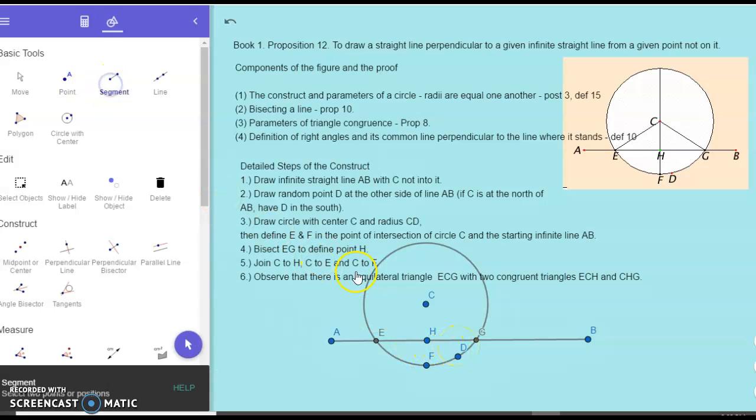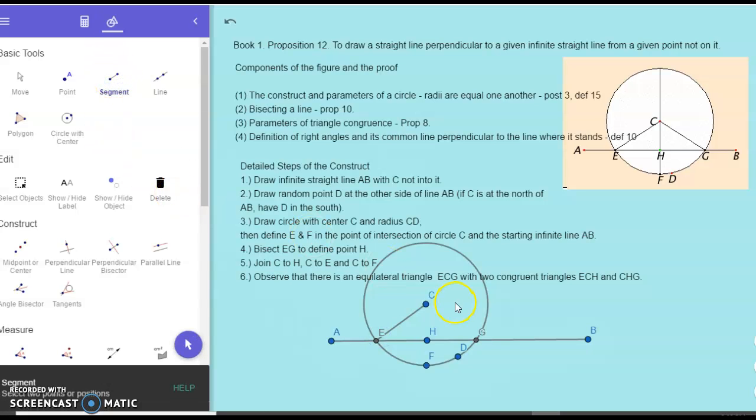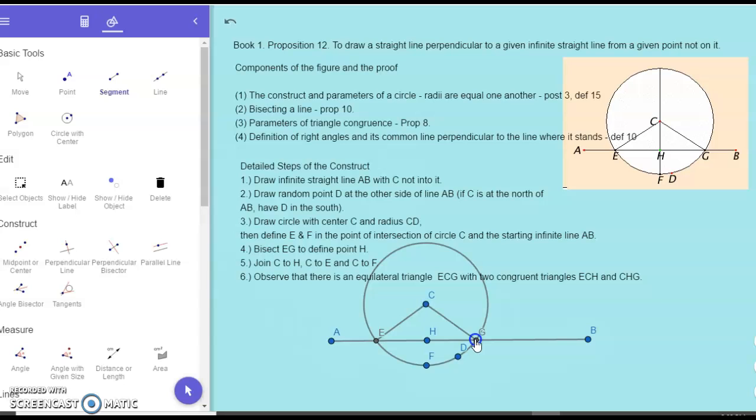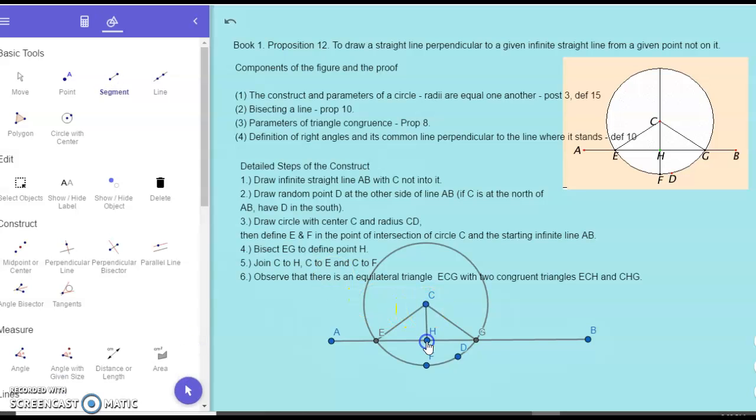And then we can start connecting some points. So CE, and we also have line segment CG, and the line CH going to F. It's not so straight, but we'll consider that as a straight line.